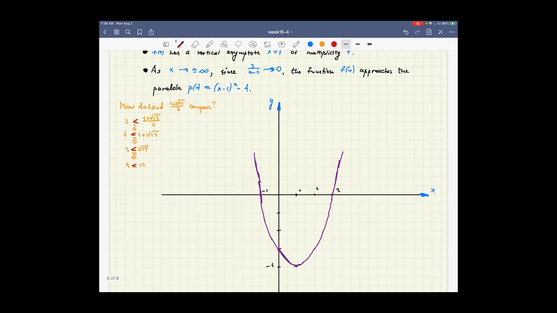But I also want to know how that number compares with 3, because 3 is also an important number.